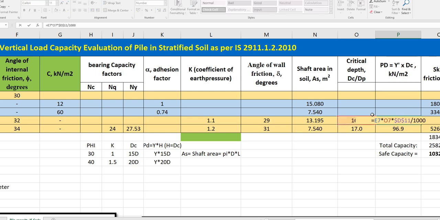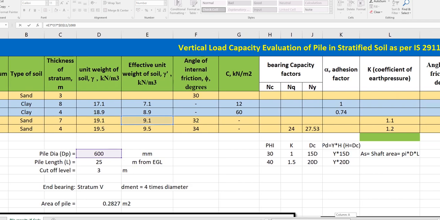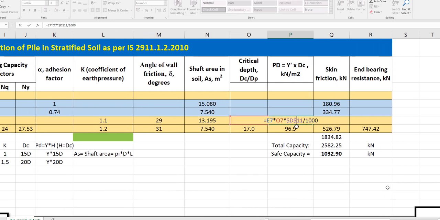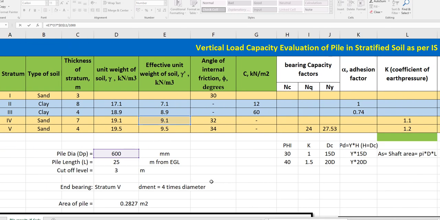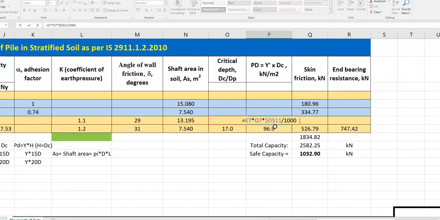So this is 16 into gamma dash, the effective soil unit weight, gamma dash into this factor 16 into the diameter of the pile, which is 600, divided by 1000 to convert it to meters. So this is what you get, gamma into D_c.